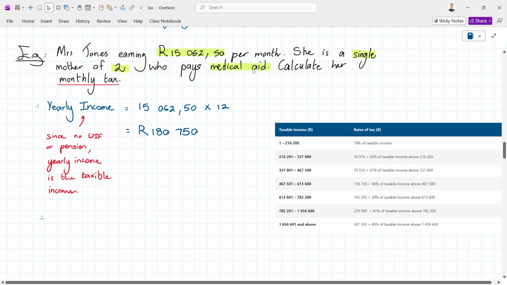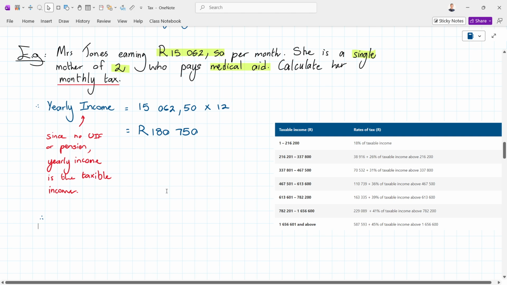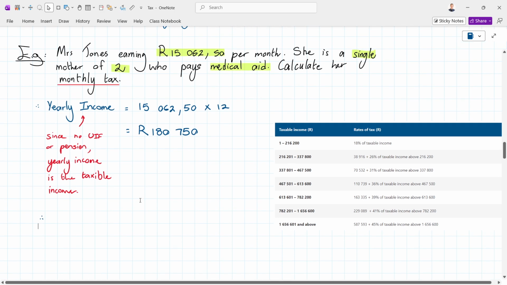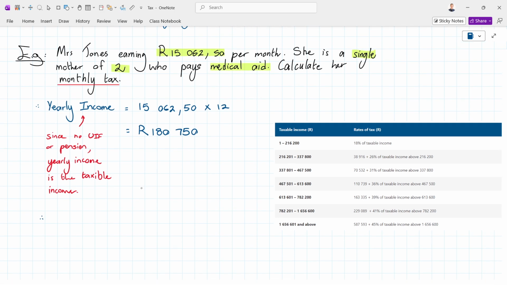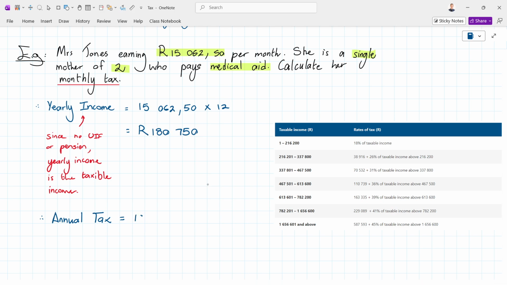You could have already calculated the medical aid now, and all of that you could have calculated now, but you can also do that later. Let's do our annual tax for now. So what does it say? It says 18% of her taxable income. So this being her taxable income, we just need to take 18% of that.